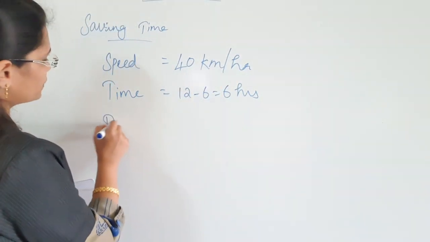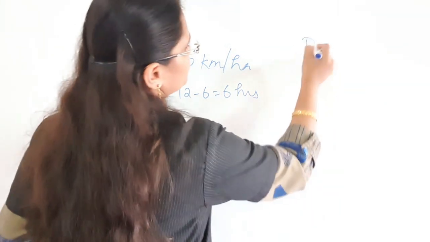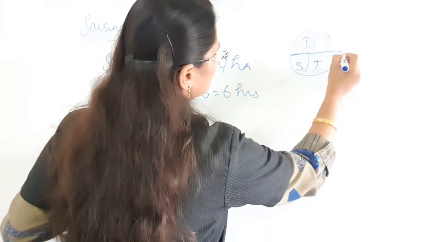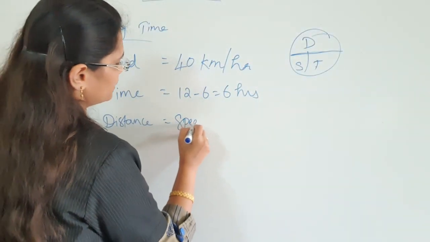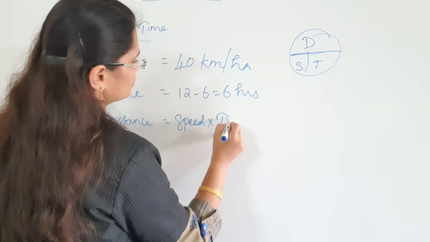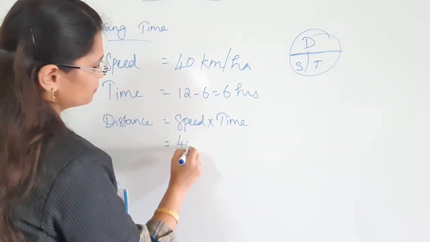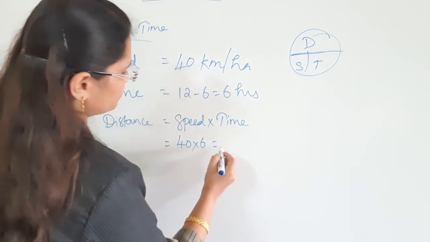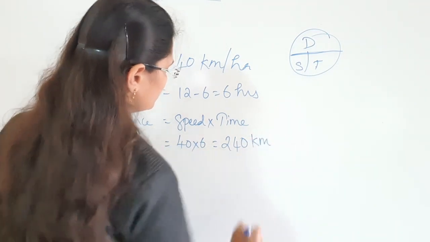And then what about distance? Distance is equal to speed into time. What is the speed? 40 into time 6. 4 6s are 24. So 240 kilometer.